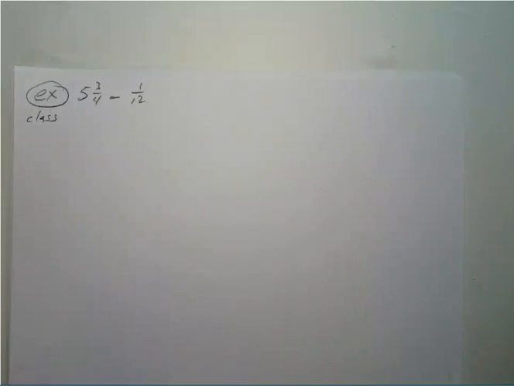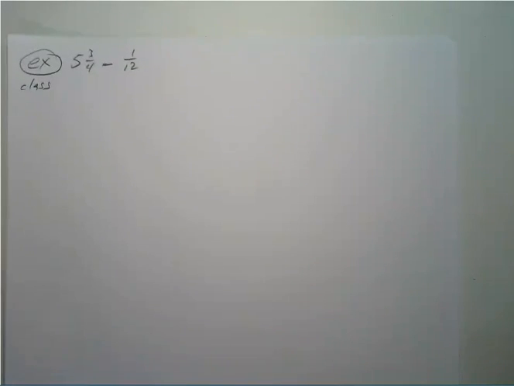All right, so what if we have 5 and 3/4 minus 1 over 12. All right, so what I want you to do is go ahead and press pause and try to solve this one on your own.